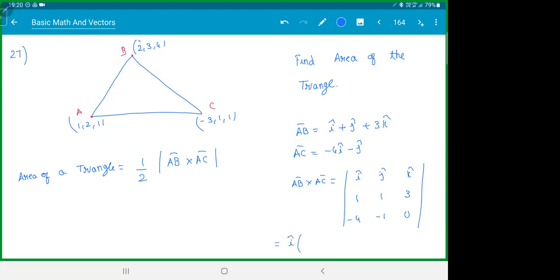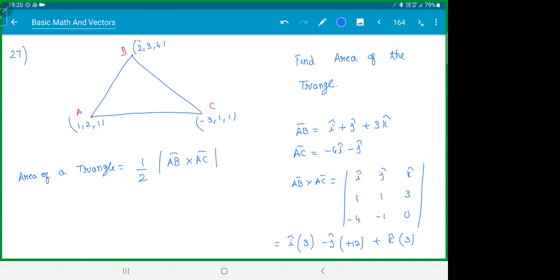That will be i into 0 plus 3, minus j into 0 plus 12, k will be minus 1 plus 4, 3. I hope I'm right. So it doesn't matter which 2 sides of the triangle we take. Anyway, you're taking the magnitude, and it works out.